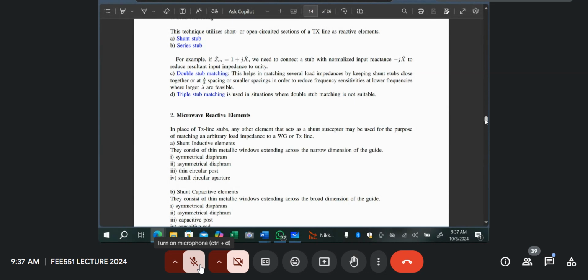If we talk about Z in equal to 1 plus jX, normalized, how do you get the susceptance to remove that, the admittance or things like that? So you should be able to finish if you just have diagrams to explain all this.